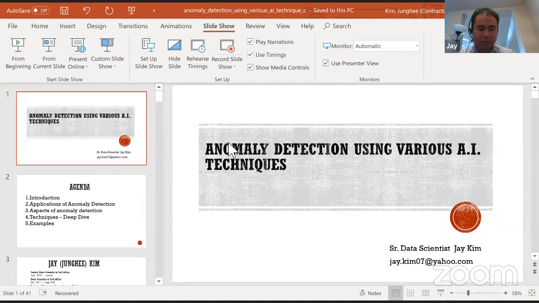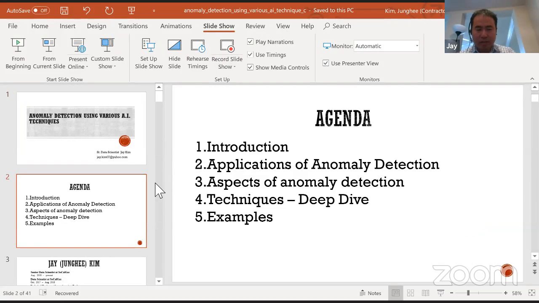There are a lot of situations going on, and we have to understand the business cases and situations. And not only the understanding, but we also need various techniques to detect correctly and accurately. So today I want to introduce some very typical and important AI techniques to detect anomalies.